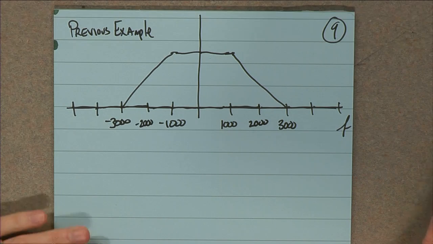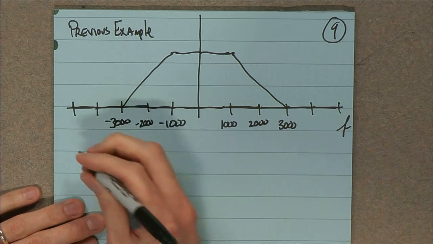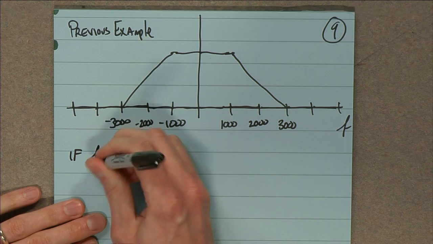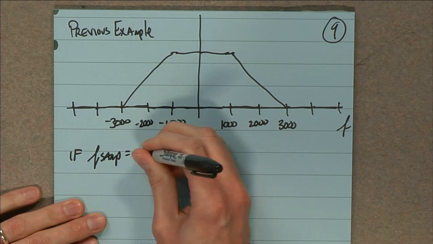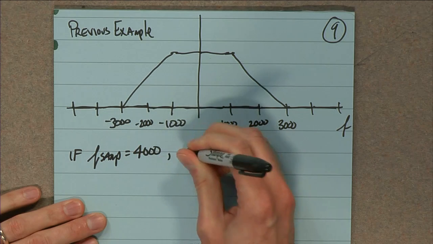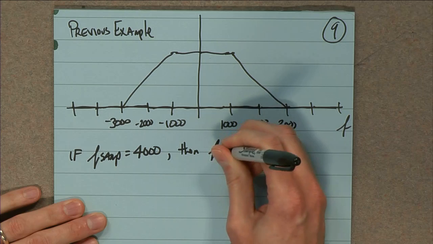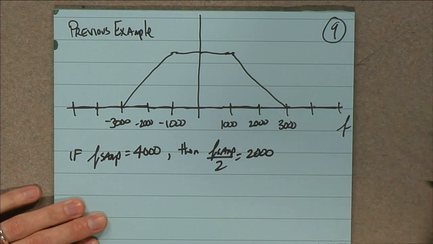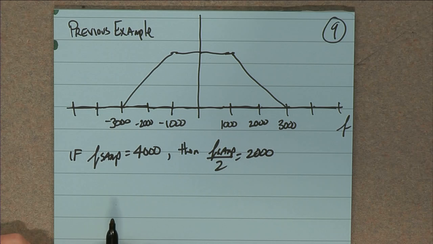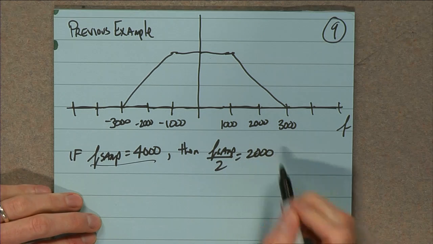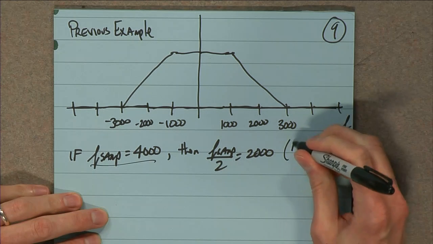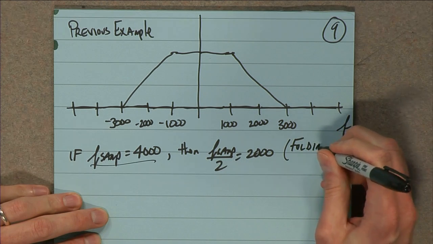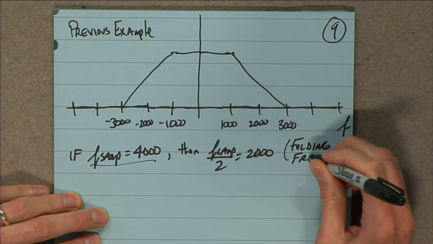Well, if f-samp equals 4,000 hertz, then f-samp over 2 is 2,000. And so we're just going to assume right off the bat, let's pretend we're going to look at what's the implication of f-samp equal 4,000. Well, f-samp over 2 is 2,000, and that's what is called the folding frequency.